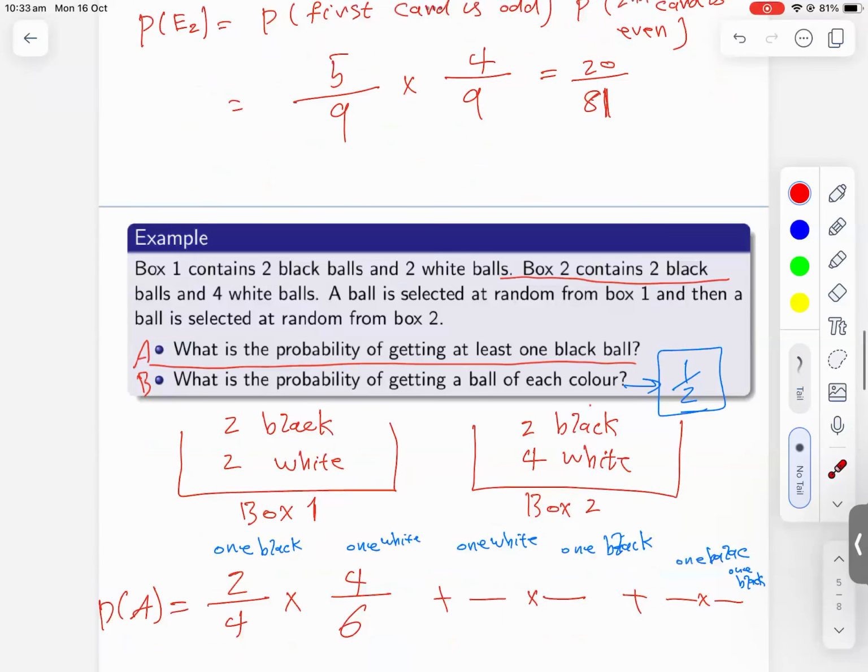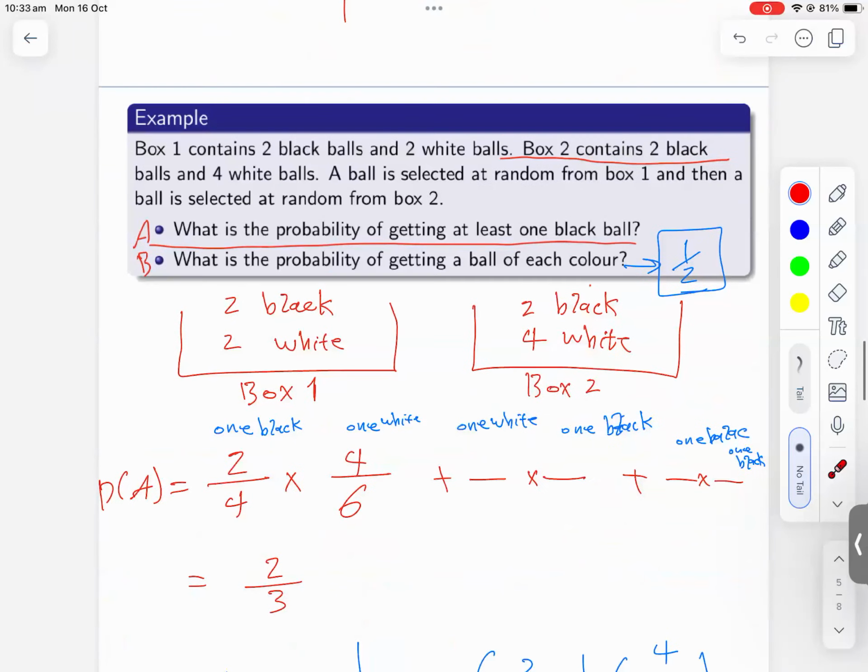Now here, box 1 contains 2 black balls and 2 white balls, and box 2 has 2 black and 4 white. What is the probability of getting at least 1 black? At least 1 black means exactly 1 black or exactly 2 blacks.